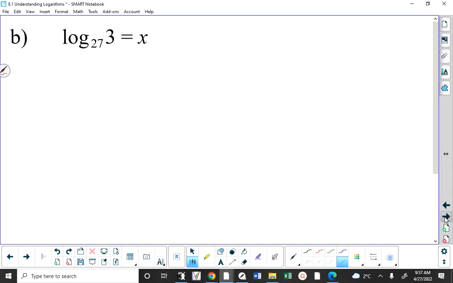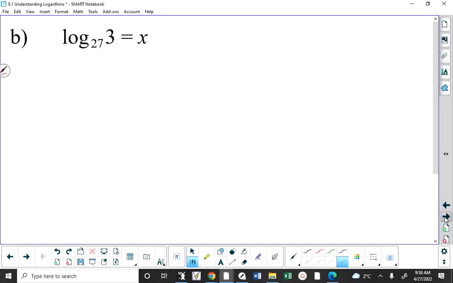I'm just asking because I think it's helpful for me as your teacher to know. How many of you looked at this and thought about it for a few seconds and said, I know what the answer is? Good. 1/3, right? How many of you looked at it and said the answer is 1/3 because the base of 27 needs to be cube rooted to get 3?